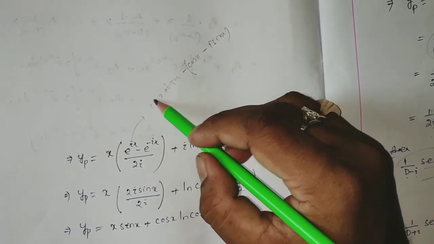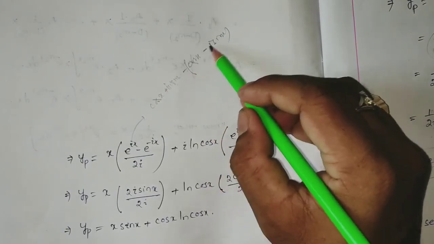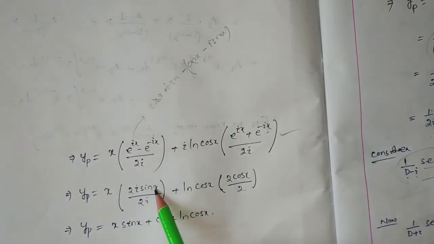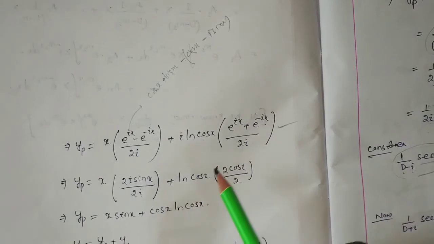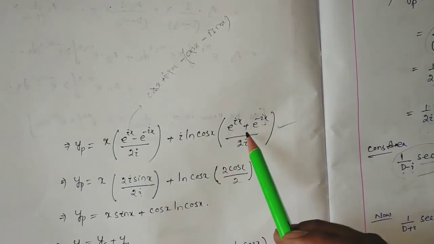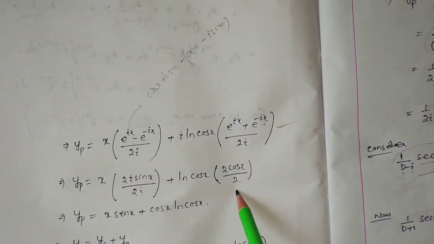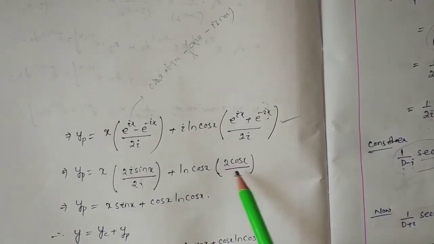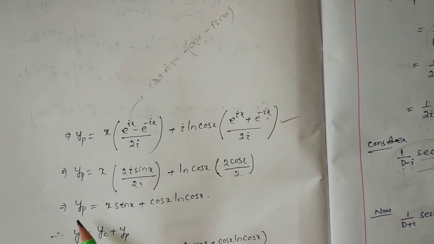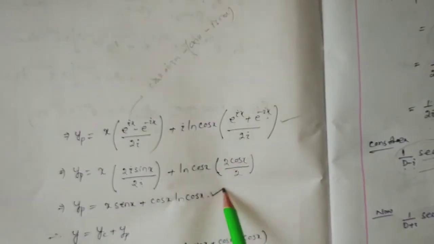So here cos x got cancelled, this is minus minus plus, so 2i sin x by 2i, and e to the power ix plus e to the power minus ix will be nothing but 2 cos x by 2. So here 2 got cancelled, 2i got cancelled, yp is your x sin x plus cos x ln cos x.